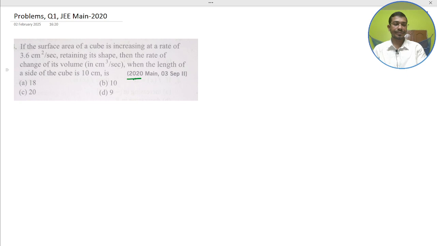It says: if the surface area of a cube is increasing at a rate of 3.6 cm square per second, retaining its shape, then what is the rate of change of its volume in cm cube per second when the length of a side of the cube is 10 cm? You are given the rate of surface area and you have to find the rate of volume.